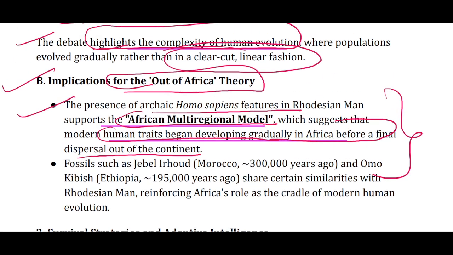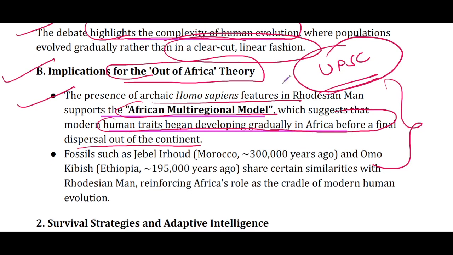And this again, as I said before, is especially important from the UPSC perspective, because the out of Africa theory, African multi-regional theory, Africa transitional theory, all of them suggest the same thing, that these advanced features that we have seen in various hominin fossils developed in Africa before hominin species moved out of Africa.